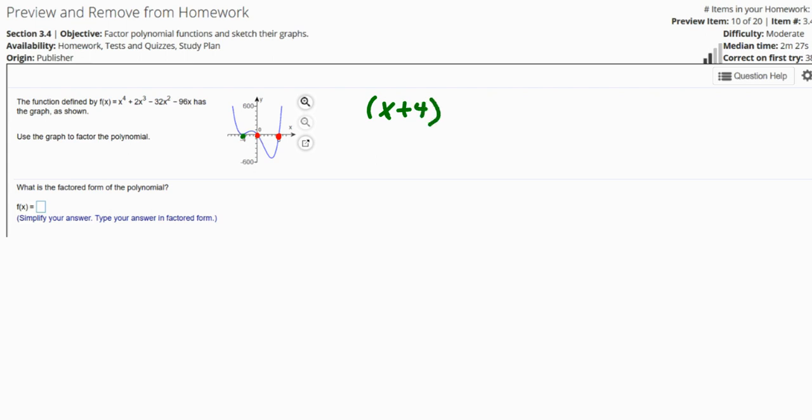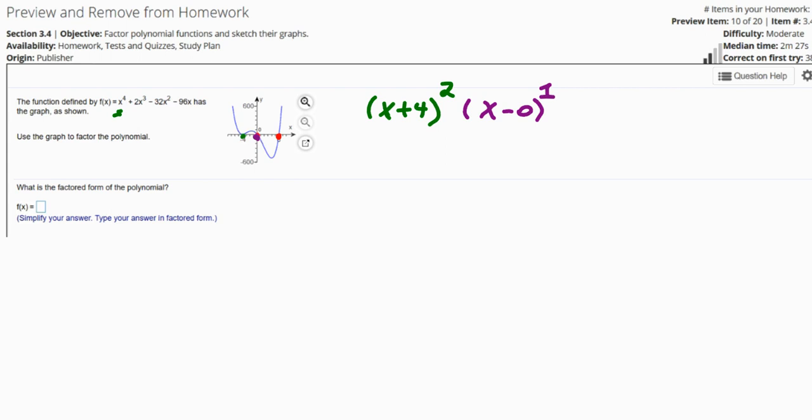And since it's touching, it's going to have an even multiplicity. And I'm going to guess that it's a multiplicity of 2 because my polynomial is a degree 4. And I do have two other places that the graph is going through the x-axis. So that would mean those other two have odd multiplicities. And if they each have a multiplicity of 1, that would make sense because then I'll have this one here at 0 with a multiplicity of 1.